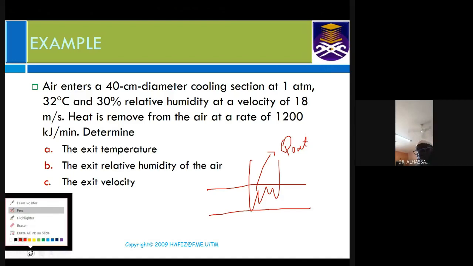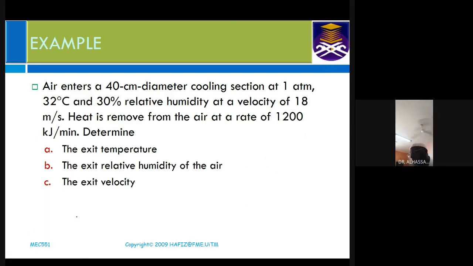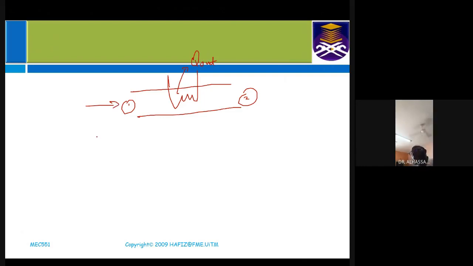Maybe I should sketch it outside. Okay, so we have a cooling section. So this means we have Q out. This is state 1, and this is state 2. The air is entering at this state.